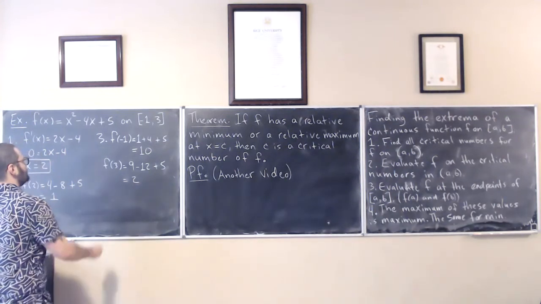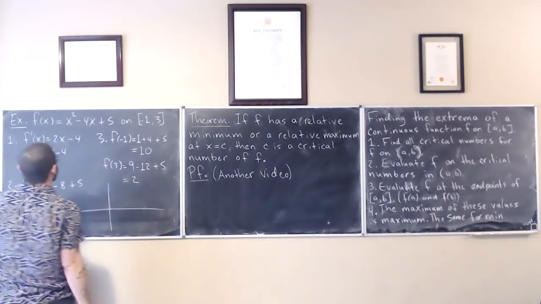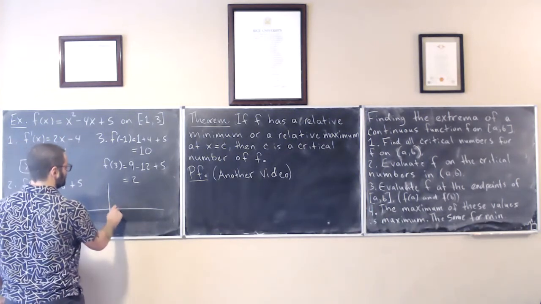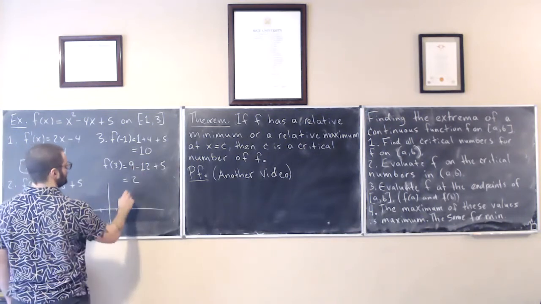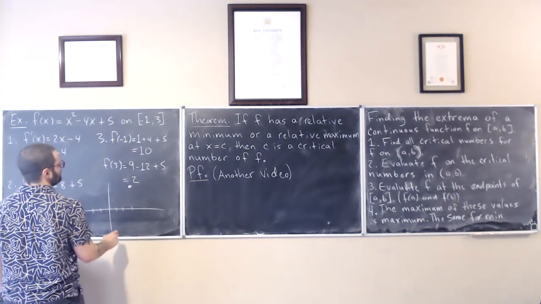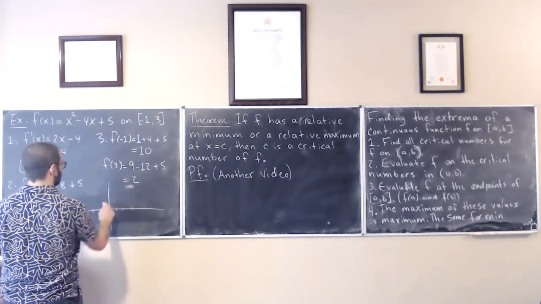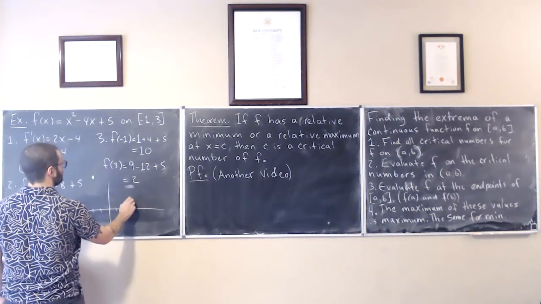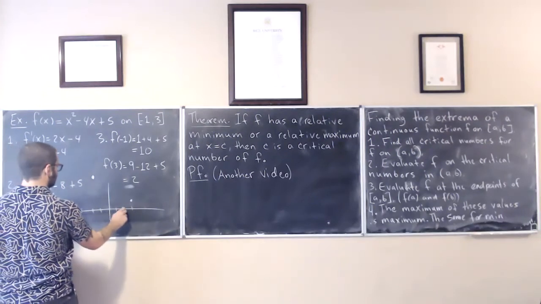So we see that we don't even know what that function looks like just by not thinking about it much. But we know at -1 it's up here at like 10. At 3 it's at like 2. And then at 2 it's at 1.